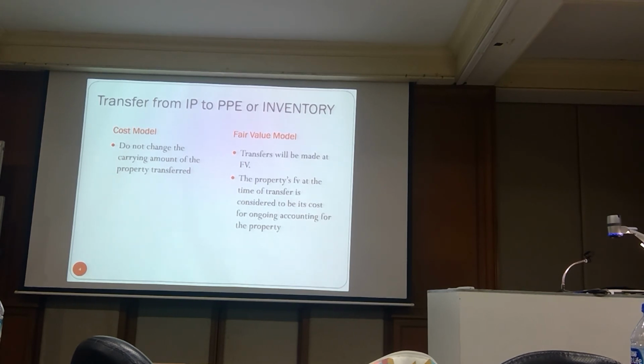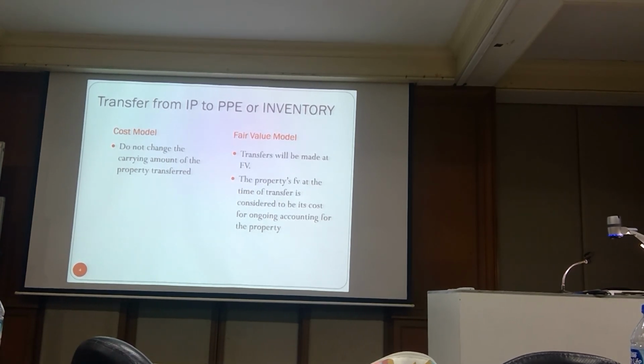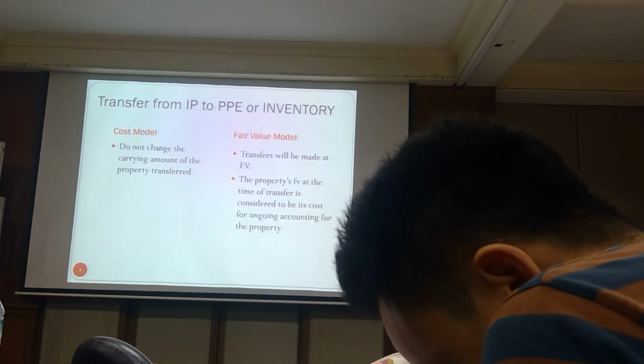On the day that you present the financial statement, you mark to market, already at fair value. But 2 months later, you want to transfer from IP to PPE. Now you have to think about whether the price changed after 2 months. If it's a significant change, you need to revalue again to recognize the gain or loss over the 2 months.